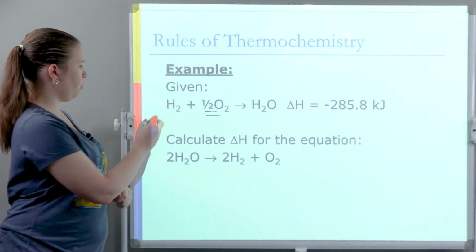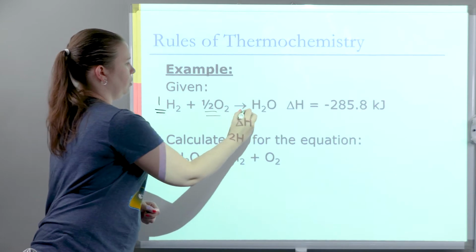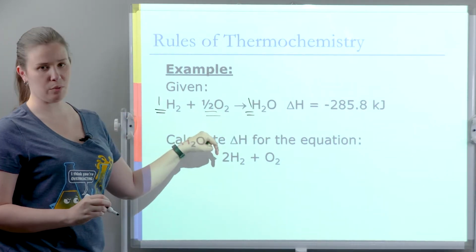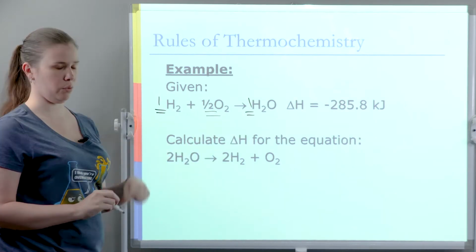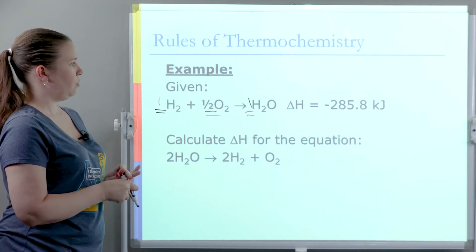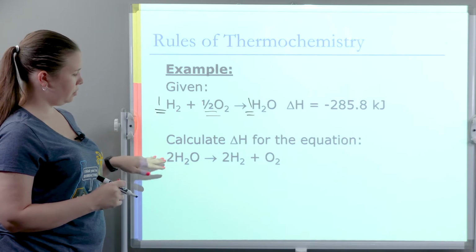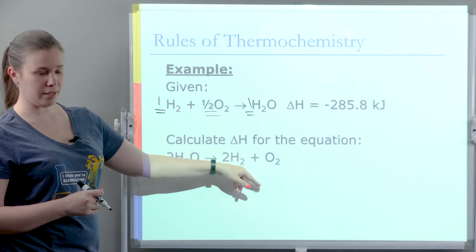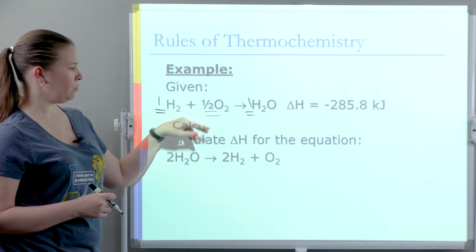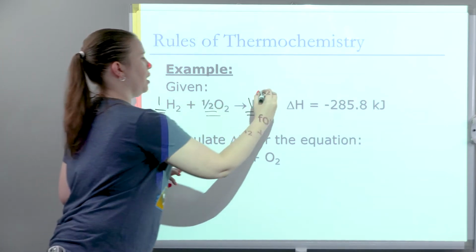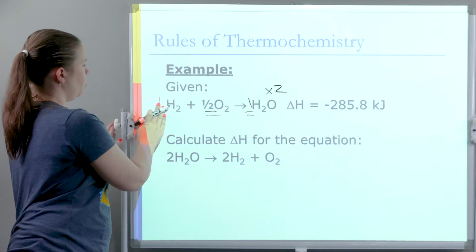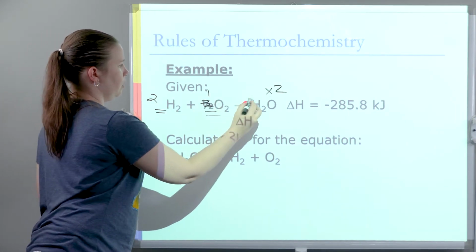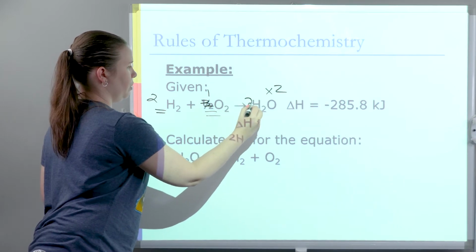So what else did my coefficients mean? Moles. It uses half as much oxygen as it does the water or the H2 gas. Well, that's easy to fix. If the chemical reaction I'm actually interested in has 1 mole of oxygen instead of half a mole of oxygen, I can just double this entire equation, meaning 1 becomes 2, the half becomes a whole, and then again over here 1 becomes 2.